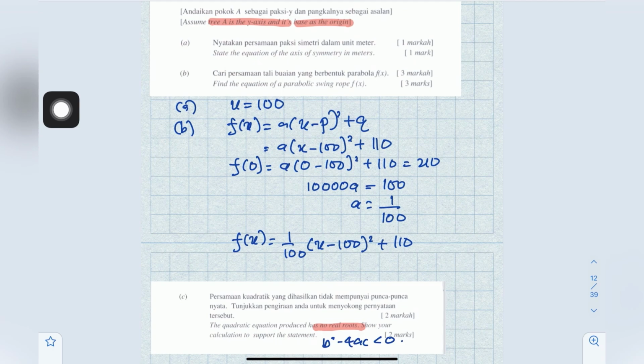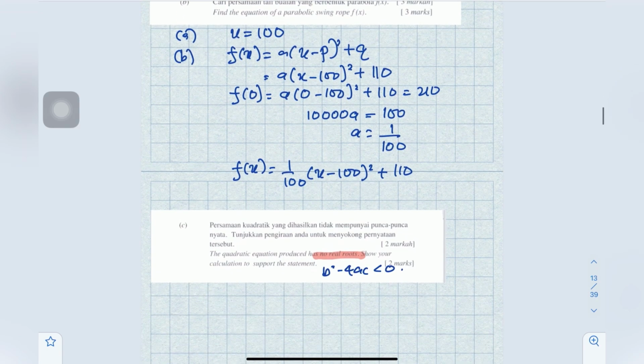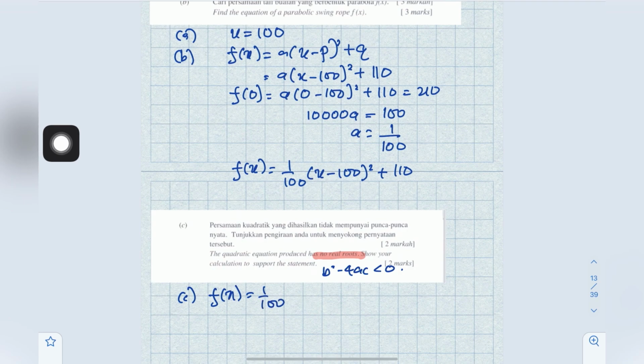If in question B you already converted into general form, it's easy. But now we are still in vertex form, so we need to convert into general form. So Fx, we need to expand this. 1 over 100, X squared is X squared.